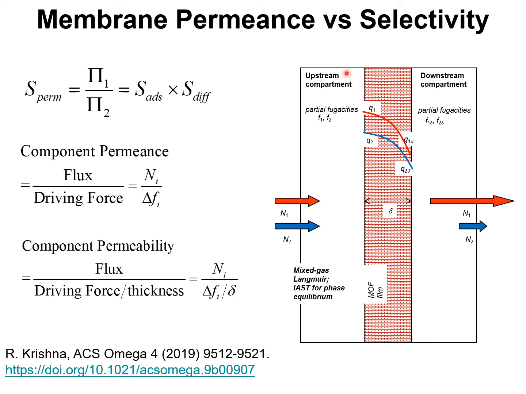We consider the upstream compartment to have the partial fugacities f1 and f2 of components 1 and 2 that need to be separated. The upstream face of the membrane is considered to be in equilibrium with these partial fugacities, and the component loadings at the upstream face are q1 and q2, say typically in the units of molecules per unit cell or moles per kilogram.